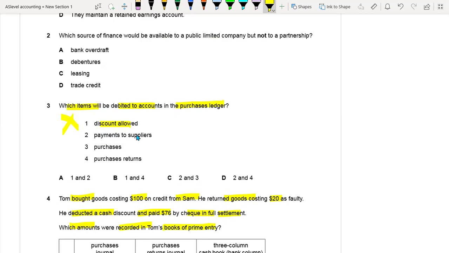So payments to supplier, yes, this will be recorded on the debit side of the purchase ledger account. And in option 3, purchases. We will not be recording purchases on the debit side. We will be recording them on the credit side. So purchase returns, yes, this will be recorded on the debit side. So it means that 2 and 4, D option is the right option.